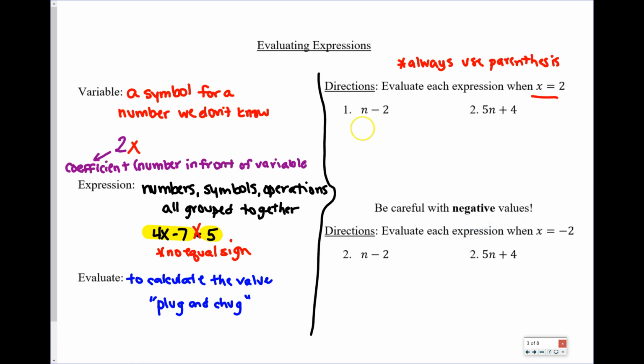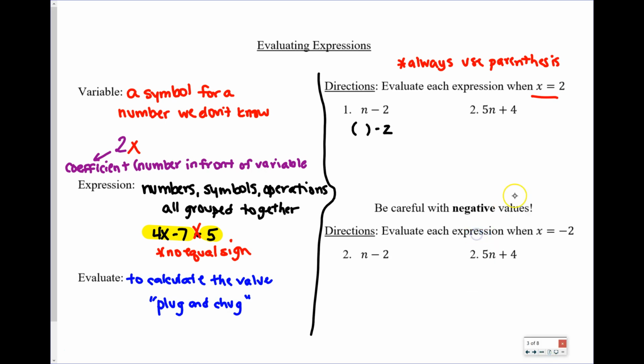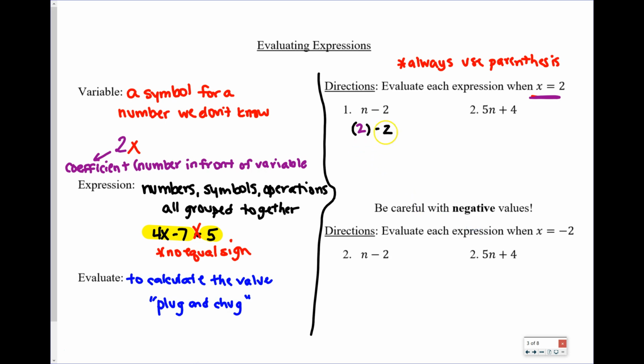So what I do, the n, parentheses with the variable, and then I'm going to plug in this 2 right here. See how I have the x equals 2? So this 2 is going to get plugged in for the n. Now I can simplify this. 2 minus 2 is going to give me 4. Okay? Because I can drop the parentheses here.